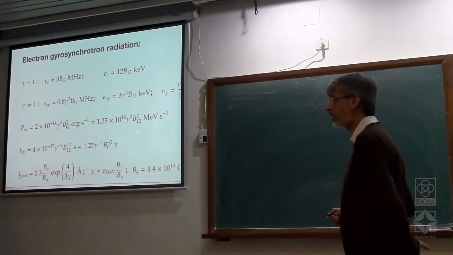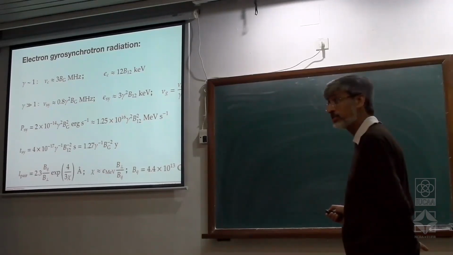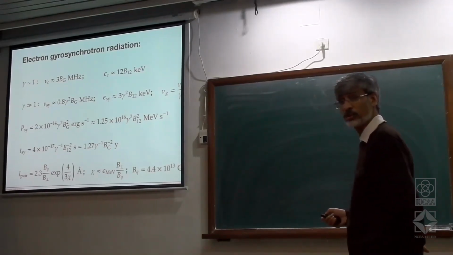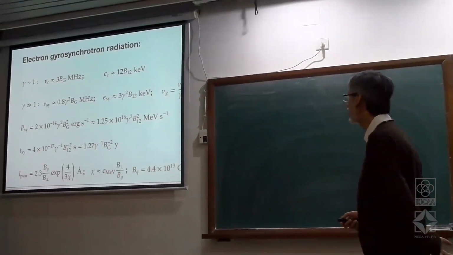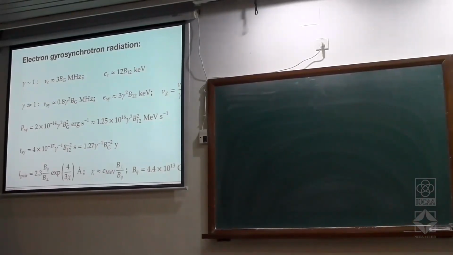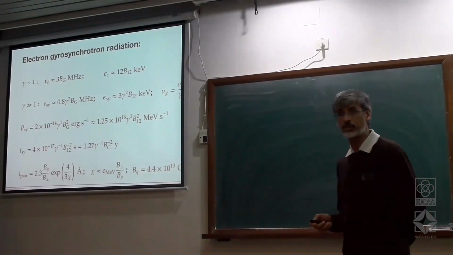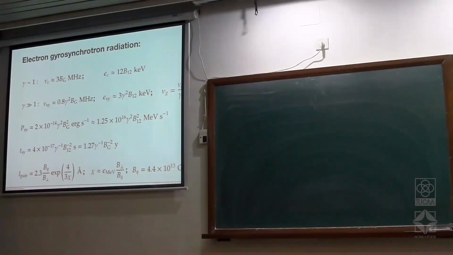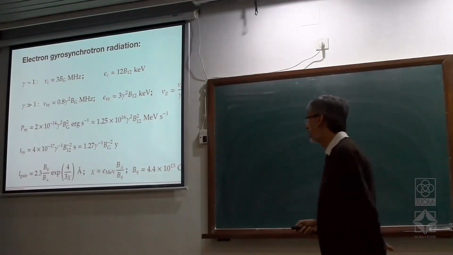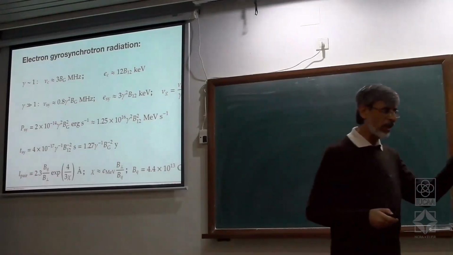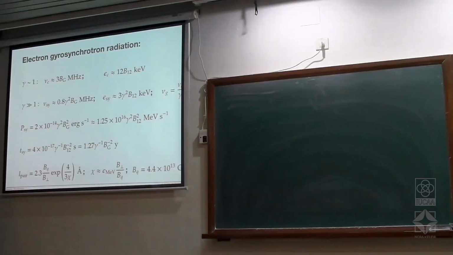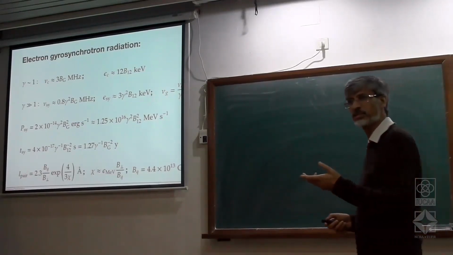When I put in a pulsar-like magnetic field of 10 to the 12 Gauss, then you can see the enormity of this quantity. It is 1.25 times 10 to the power of 16 MeV times gamma squared per second for a 10 to the 12 Gauss magnetic field. So once you put a particle in this magnetic field and it starts radiating, in some time it would have spent all its energy doing this radiation.